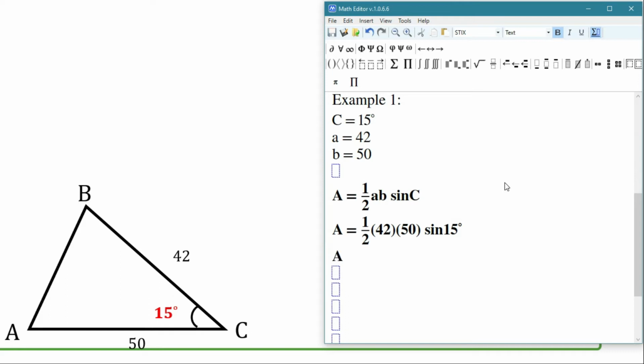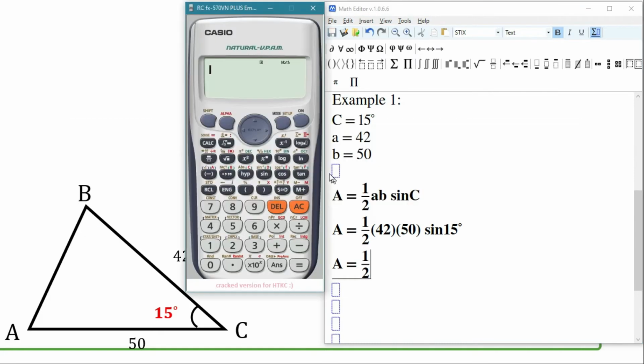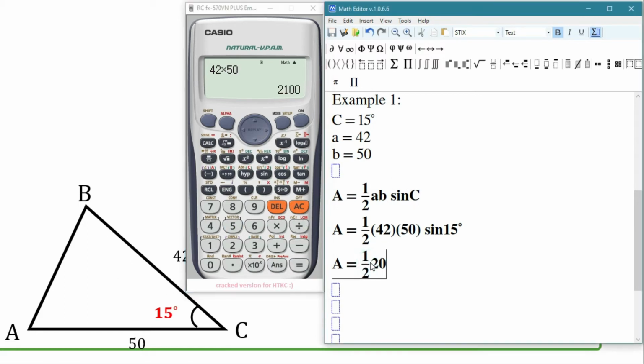And then after that, simplifying what is to be simplified, area equals 1/2 multiplied by 42 times 50. What is 42 times 50? That is equivalent to 2,100. That is 2,100 multiplied by the sine of 15 degrees.